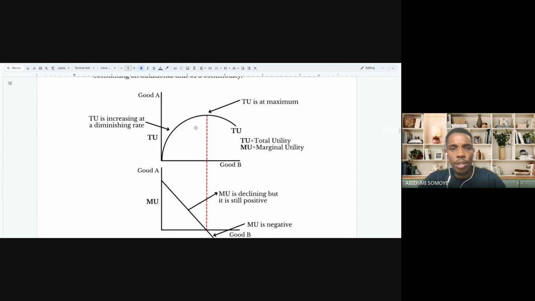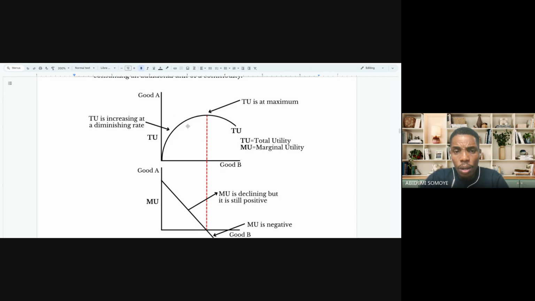So let's explain from this graph. You see total utility here. If you keep consuming a good, you keep consuming an extra unit, and you have total satisfaction. Your total utility keeps increasing.